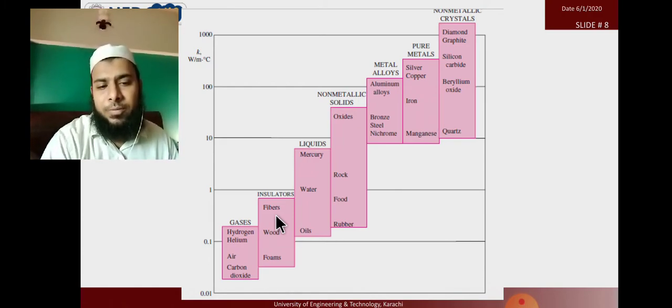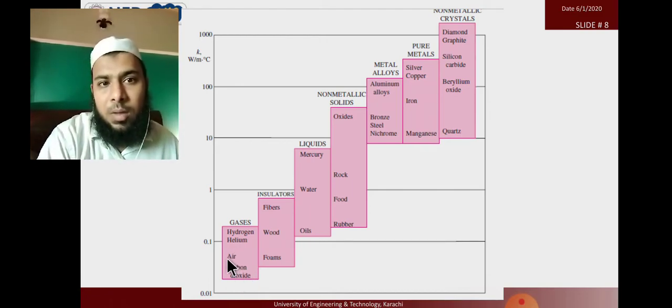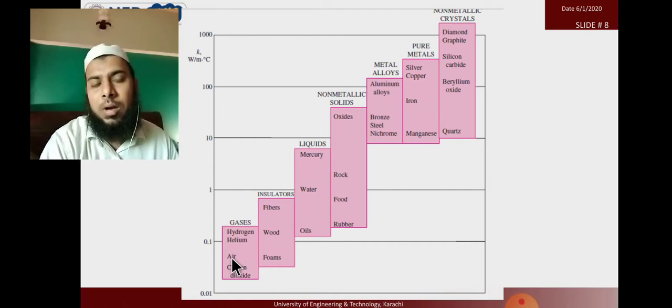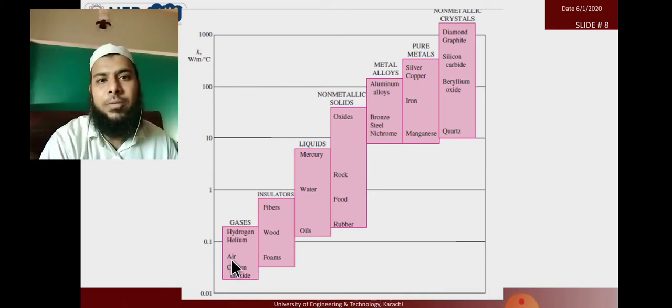We also apply a layer of air between layers for good insulation. In other countries the bricks are made with an air gap, and due to the air gap it resists heat loss from inside to outside, or resists the outside temperature from entering the inside room. So air is also a good insulator. We provide air as an insulator between two different layers of material.